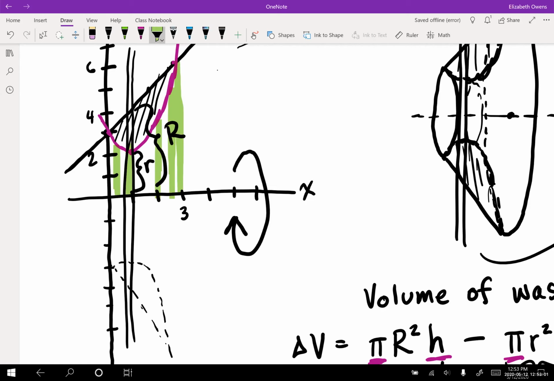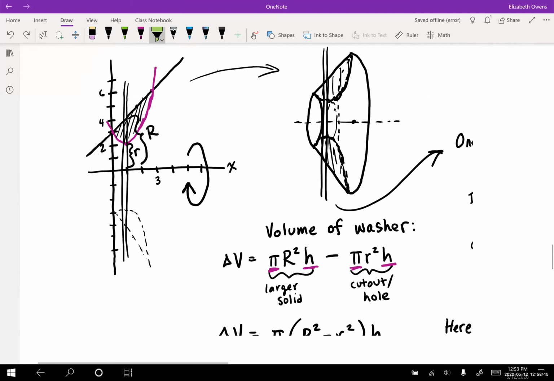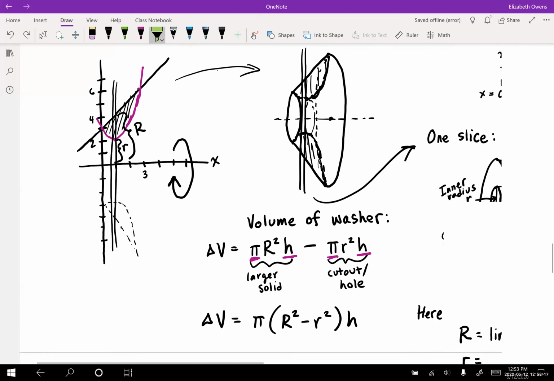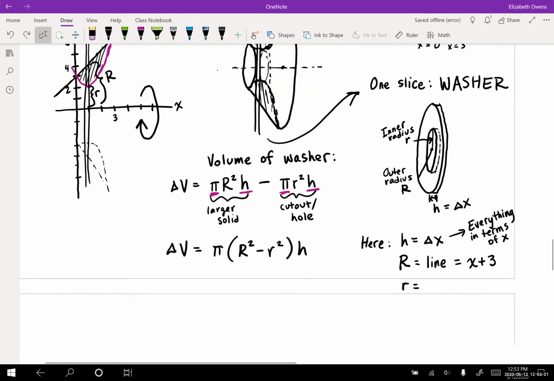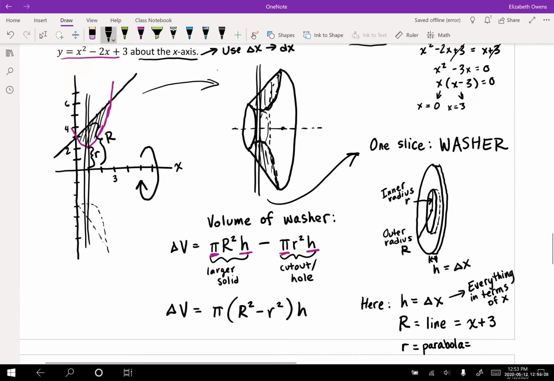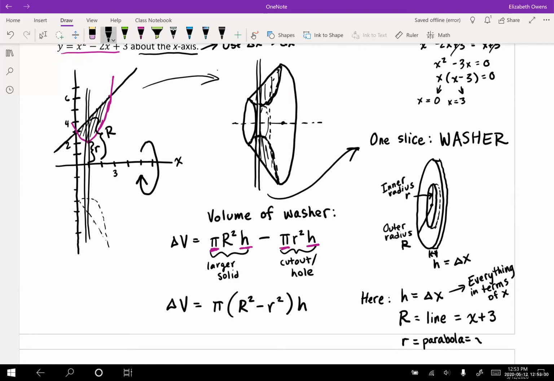We're using the parabola value for that small inner radius to tell us where the hole is being cut out. So for little r, we are going to use the parabola's equation: x squared minus 2x plus 3.